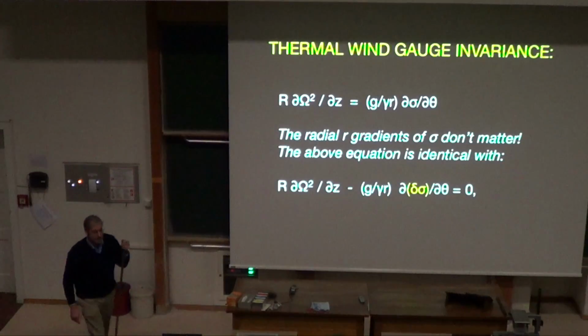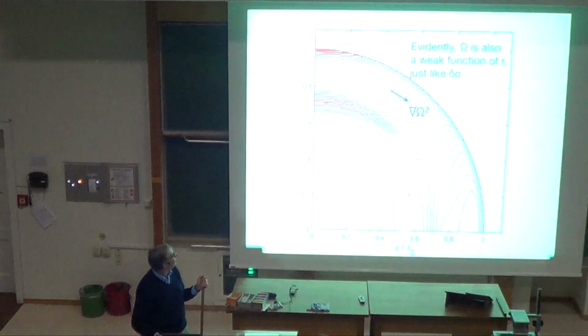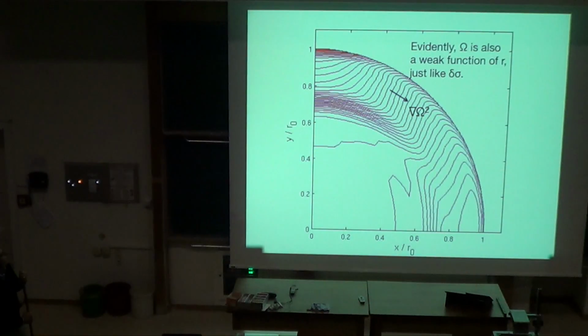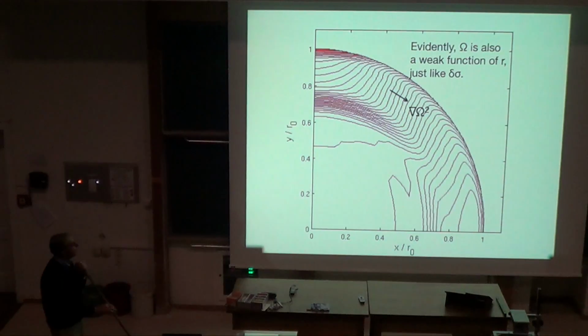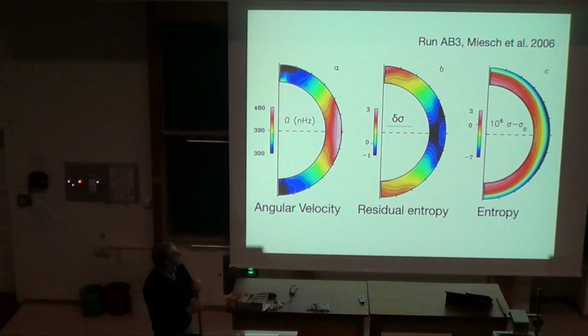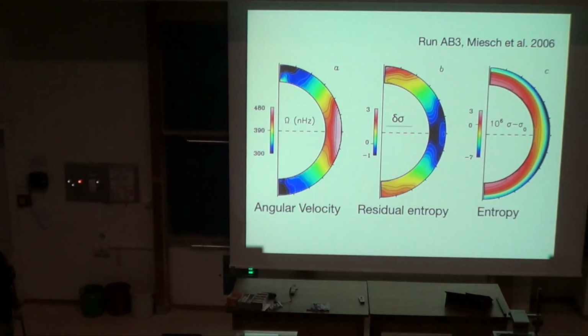Where am I going? Well, evidently, just like the entropy, omega, there's the data, and obviously omega is a relatively weak function of R. Here's the gradient, just like delta sigma. You're looking at the contours. This is what the best simulations have produced.